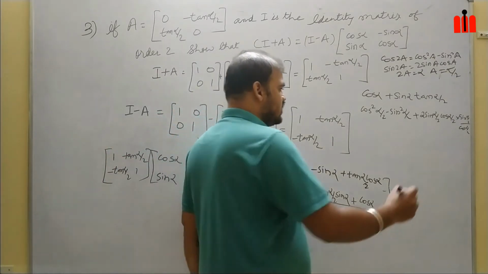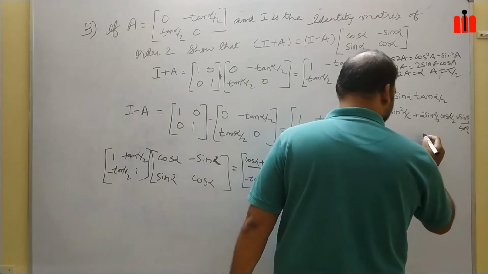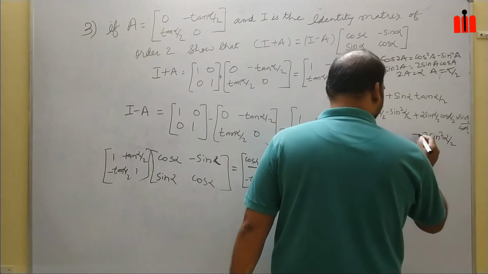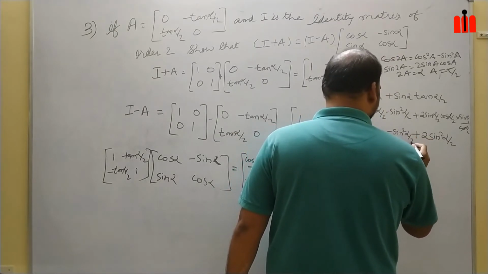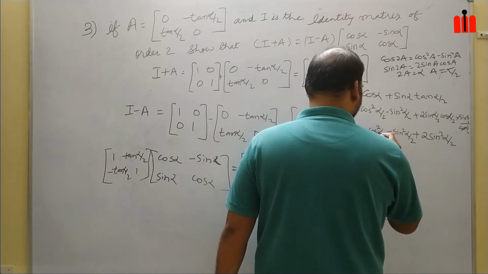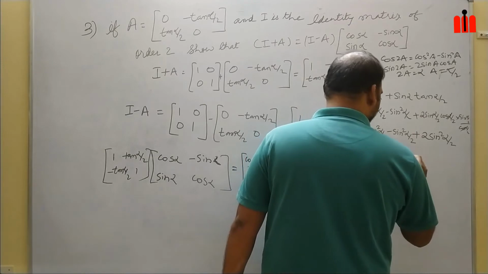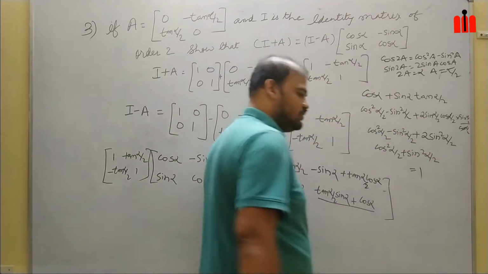Now here cos and cos will cancel out. Sin alpha by 2 into sin alpha by 2, it is 2 sin square alpha by 2, plus here minus sin square alpha by 2, cos square alpha by 2. It will be cos square alpha by 2 plus sin square alpha by 2, which is equal to 1.